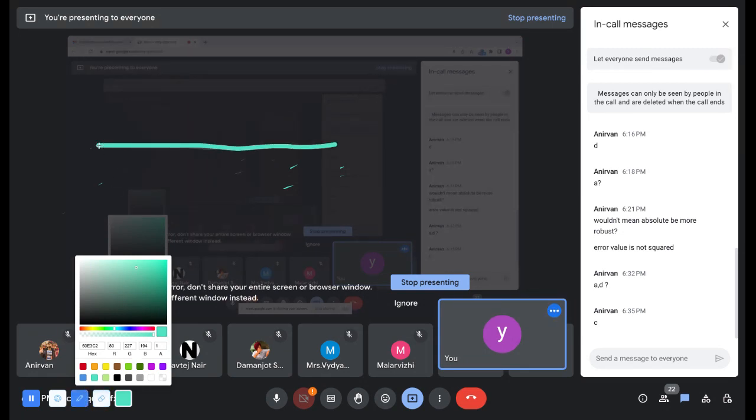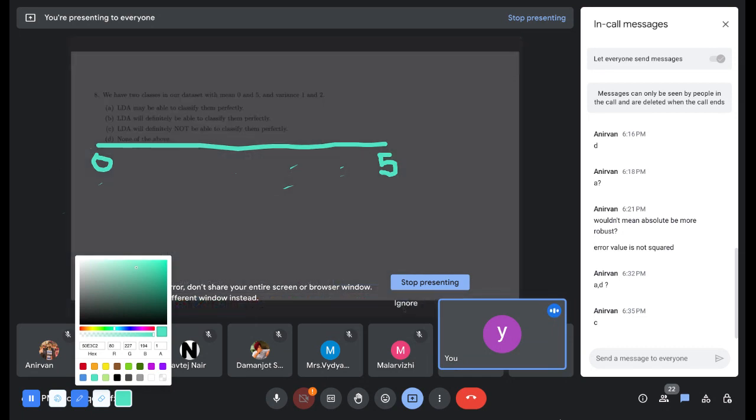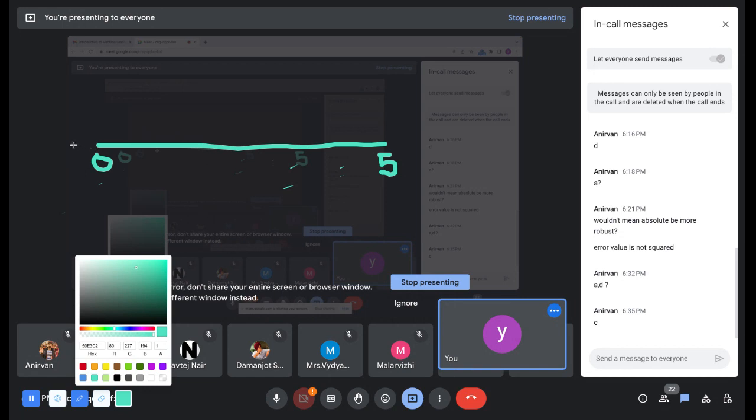Let's say this is class 0, with mean at 0. Let's say this is class 5, with mean clustered at 5. The variances are 1 and 2, right? So a variance of 1 means that between minus 1 and plus 1 you have this class 0 data.